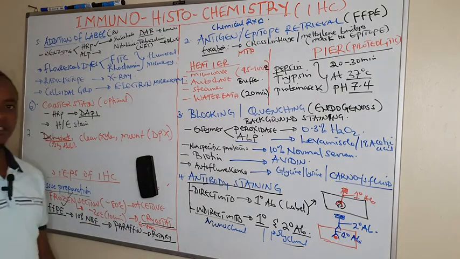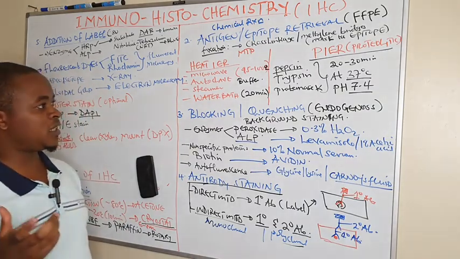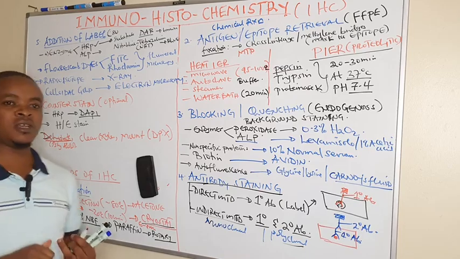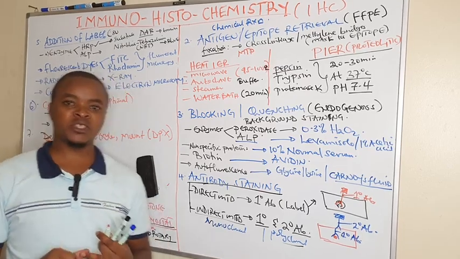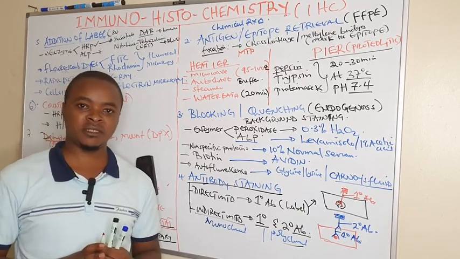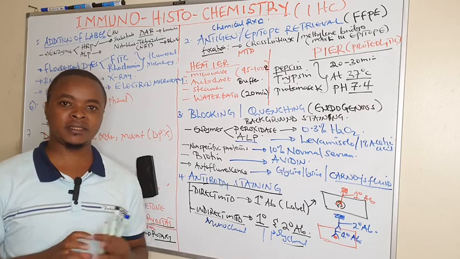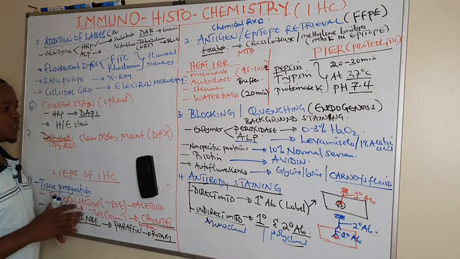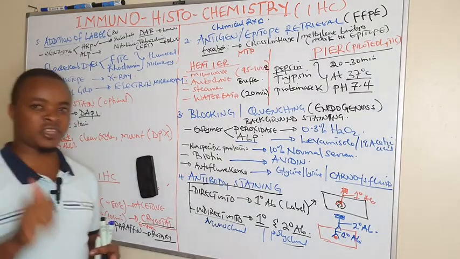So thank you so much for listening from the beginning until the end, where we have looked at what is immunohistochemistry. We have looked at the principle, which is to localize antigen antibody reactions or cell components or cancers by using labels to visualize majorly antigen antibody reactions.